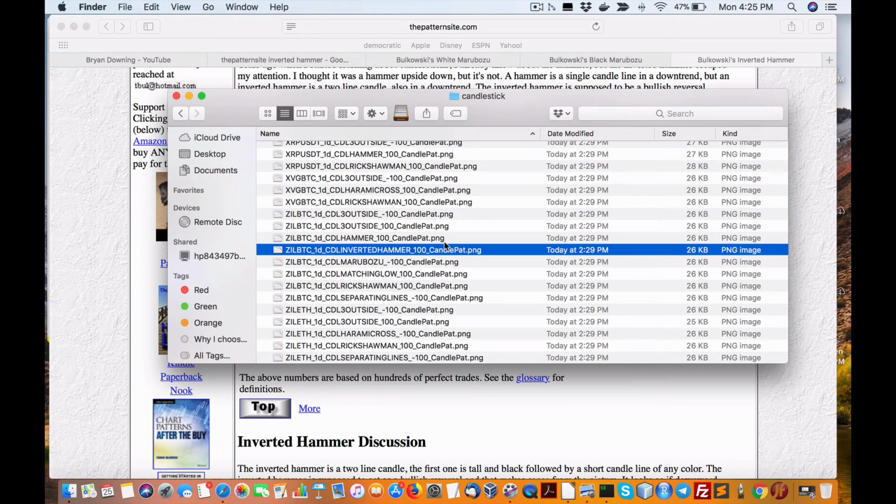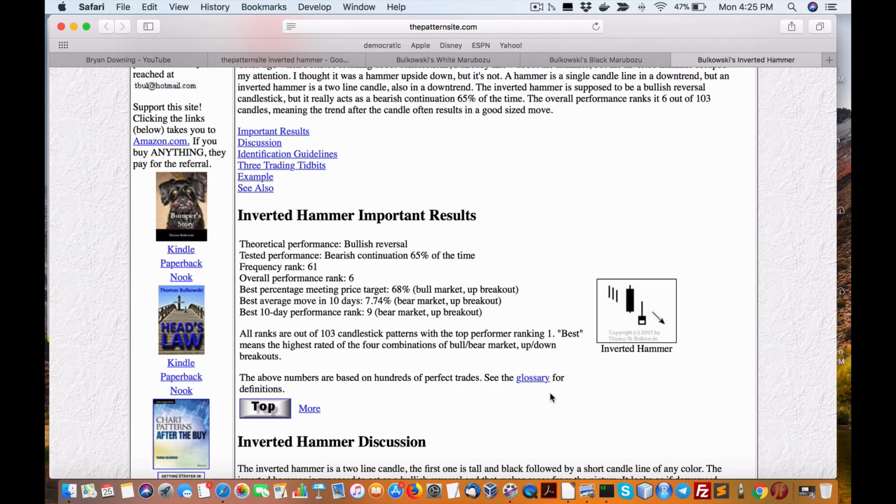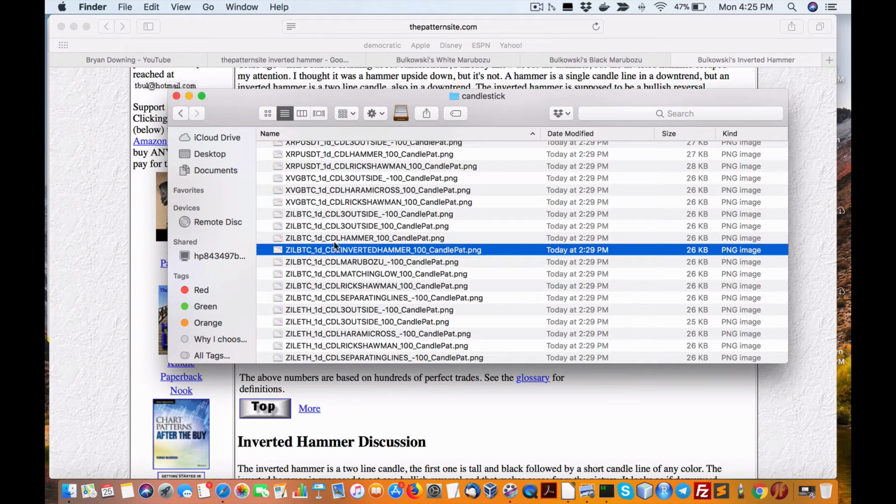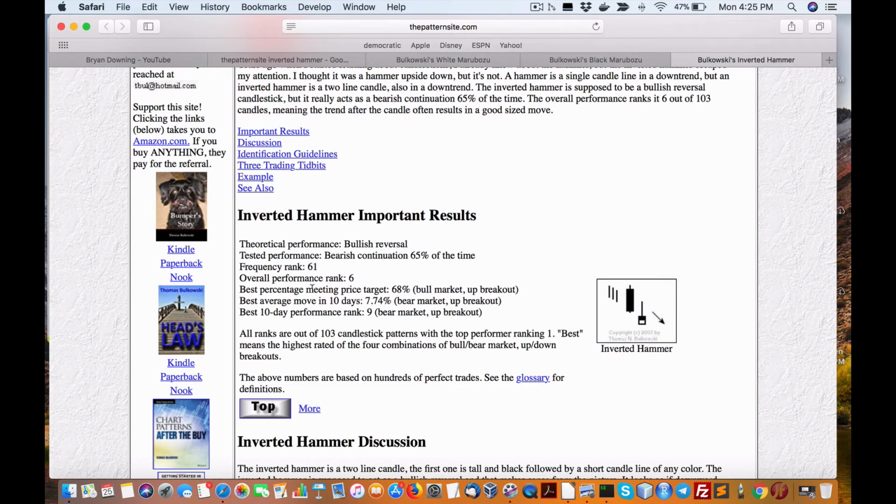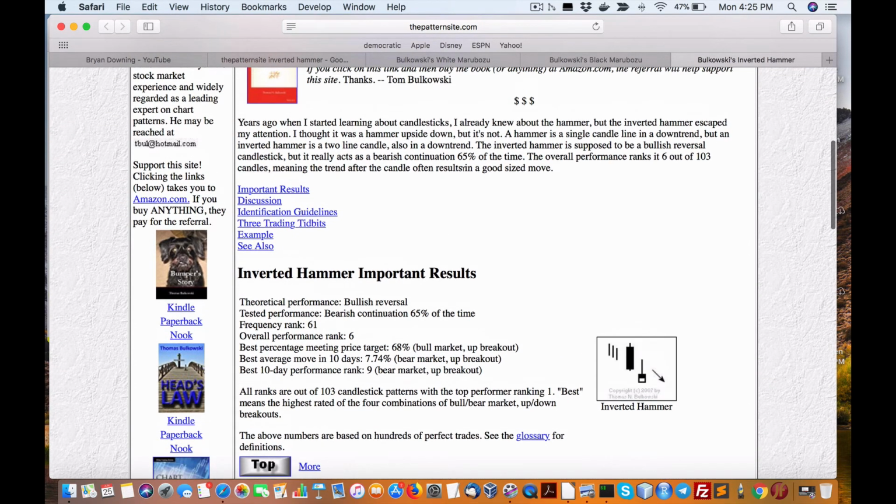Inverted hammer. Overall performance rank at 6, so you may want to keep that if it's that reliable. But it acts as a bearish continuation 65% of the time, which it does.